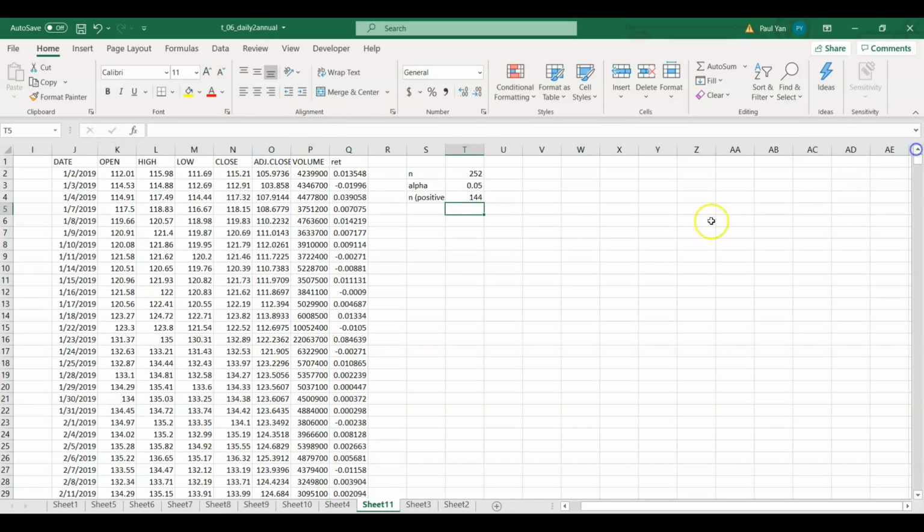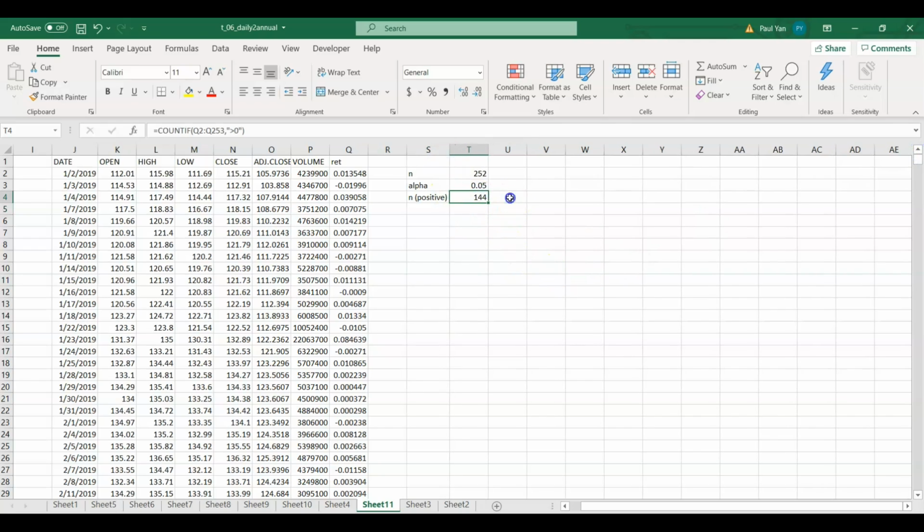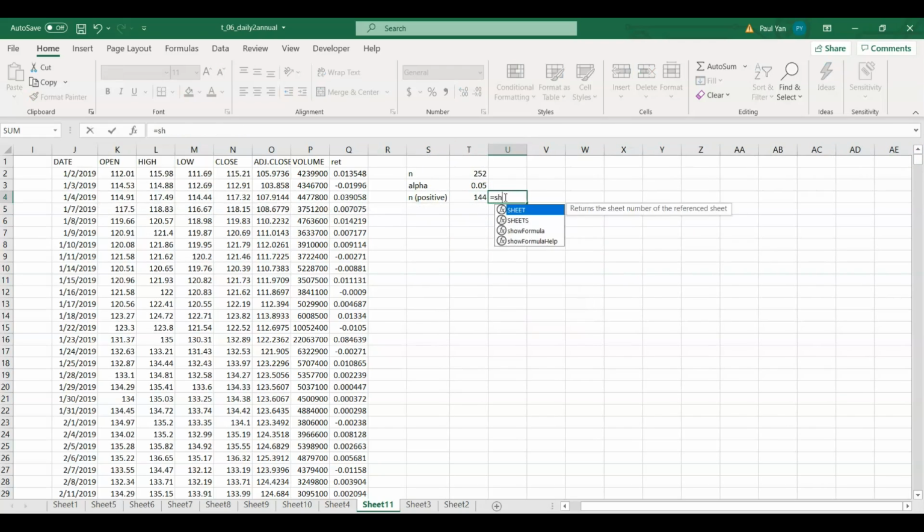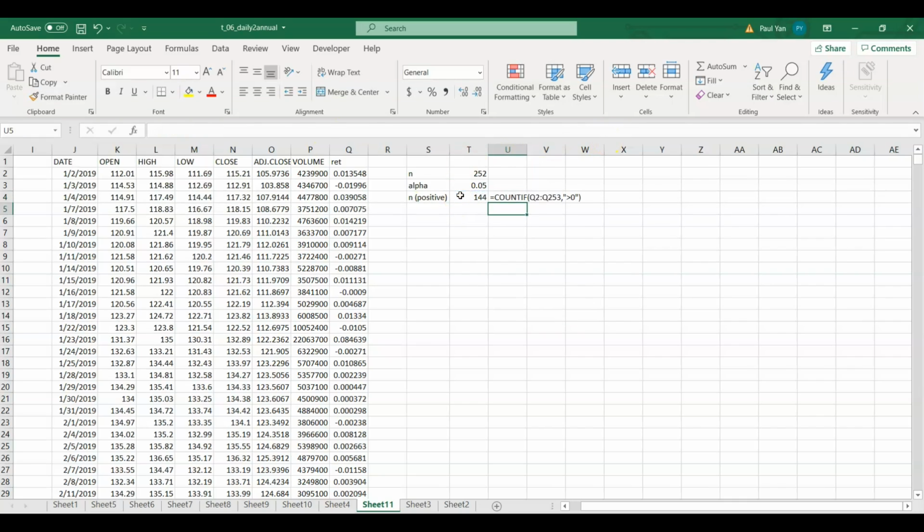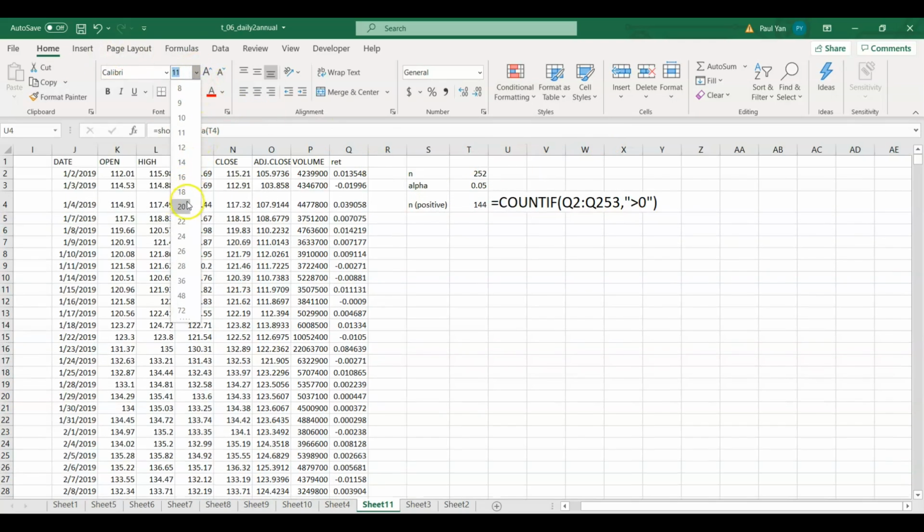So this is our COUNTIF. Again I'm going to use show formula. This is our Excel function called COUNTIF: Q2 to Q253, which is our return data set, with double quotation marks, larger than 0.